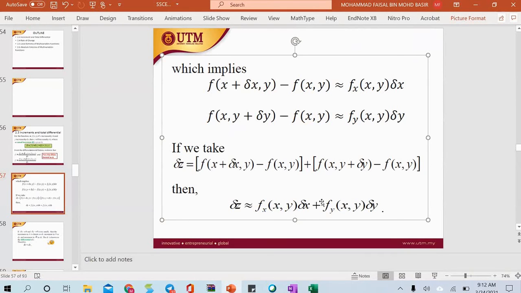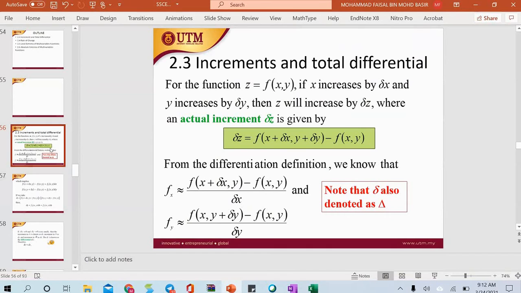Okay, you have to know this. So this will be your actual increment. For the actual increment, you have to use this.